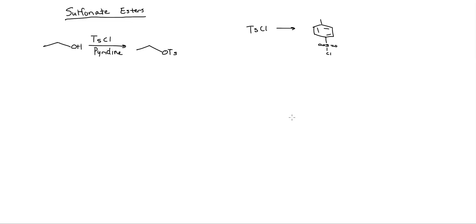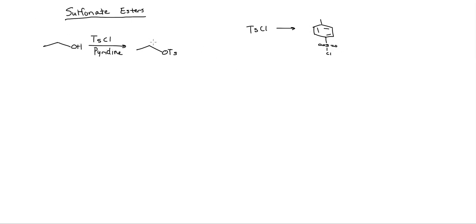Okay, so this is TsCl, tosyl chloride. All that's happened here is that this O has attached itself to this S and the chlorine is gone, right? So we have this entire group now attached to this O. That's what OTs means. So this is a fantastic leaving group.